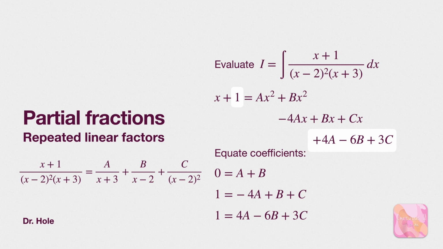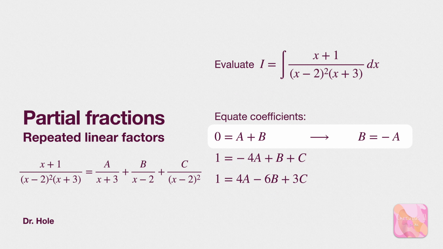We're looking to solve for 3 unknowns, a, b, and c. And we now have a system of 3 equations. So we proceed and we solve. The very first equation is going to allow us to express out all a's in terms of b's.